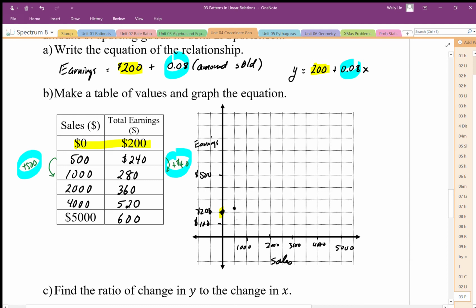If I go up by 1,000, we're going to go up by 80, so $280 right about there. $2,000 is going to be 360, about there. $4,000 is going to be 520, and 5,000 is going to be $600 there.